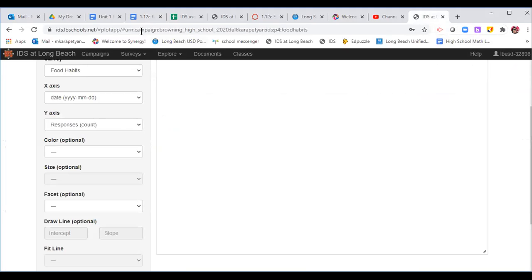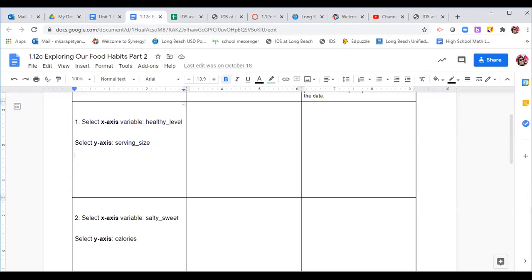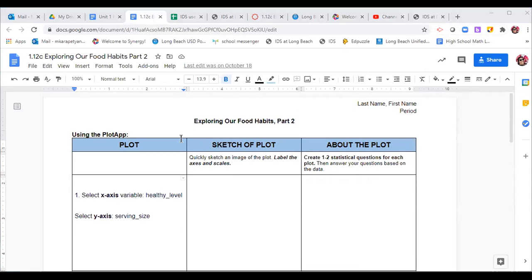Okay. Actually, before we get started, I would like you to indicate in the participants window, give me a thumbs up if you've already made a copy of the 1.12c and you're ready to go. Okay, give me a thumbs up if you have your copy made and you're ready to do the first one together.